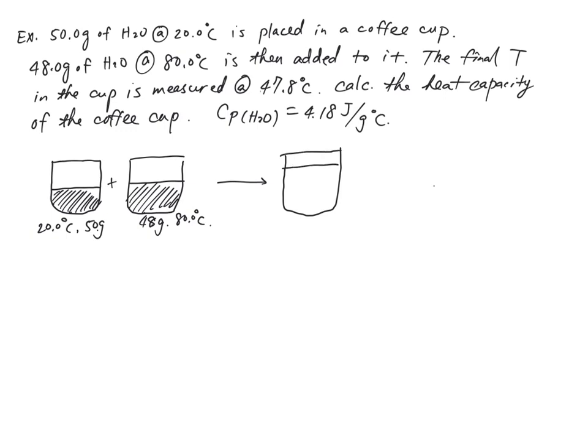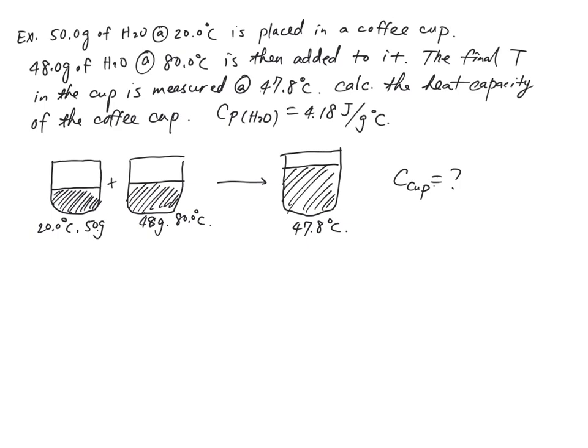Now you have a lot of water together, and we measured the temperature of the water now as 47.8 degrees Celsius. These are the conditions provided, and we're looking for the heat capacity C of the cup.